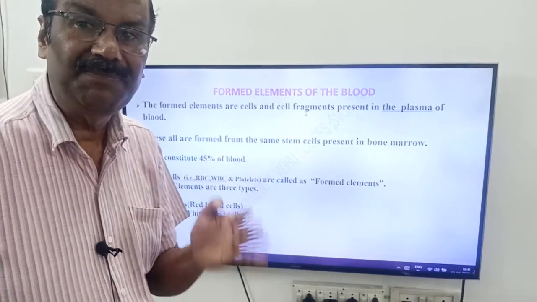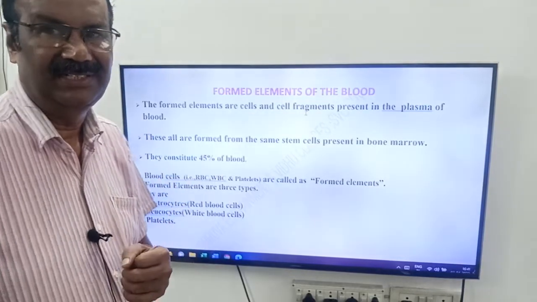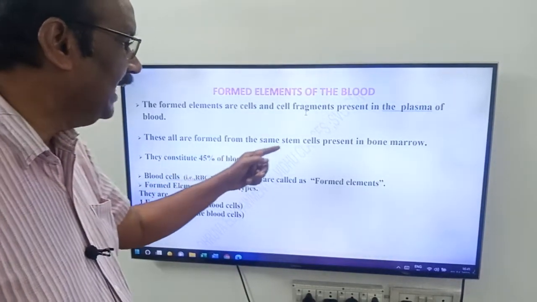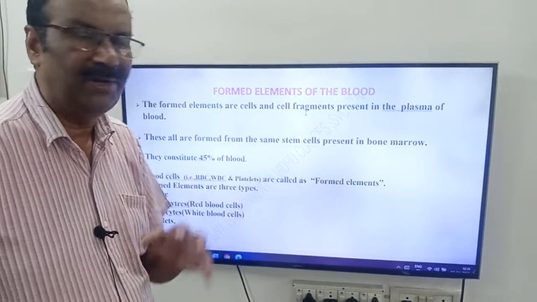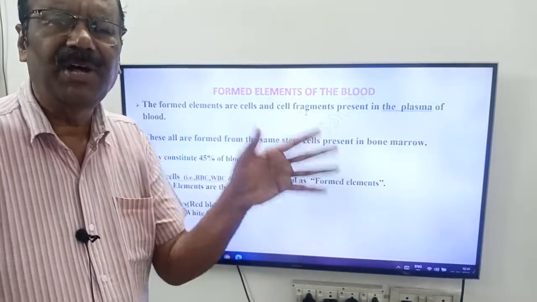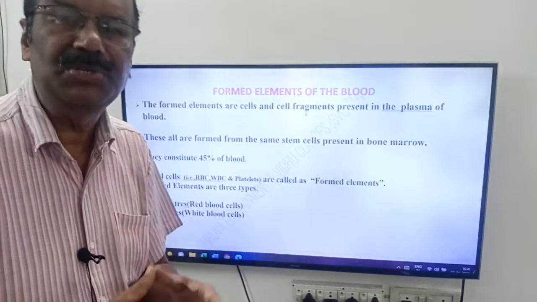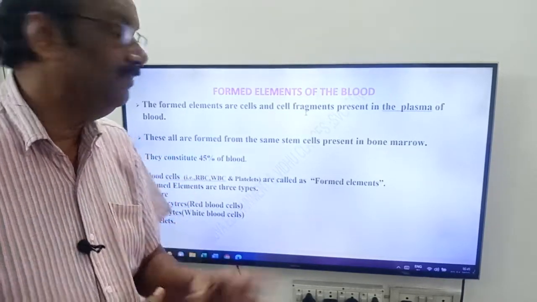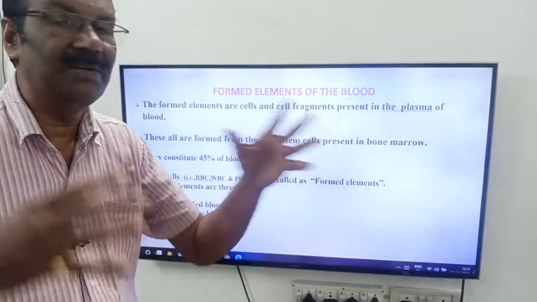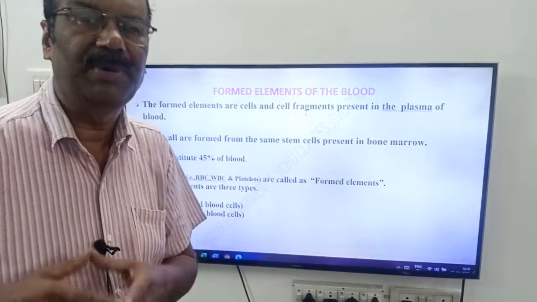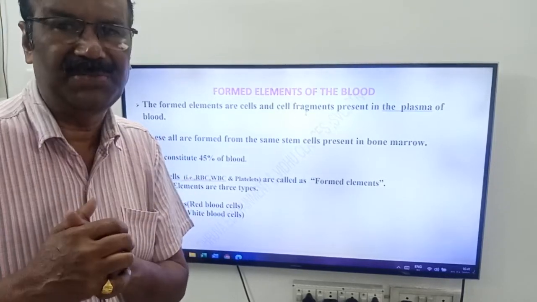All these are produced by the same stem cells present in the bone marrow. So formed elements are formed from the bone marrow from the same stem cell.